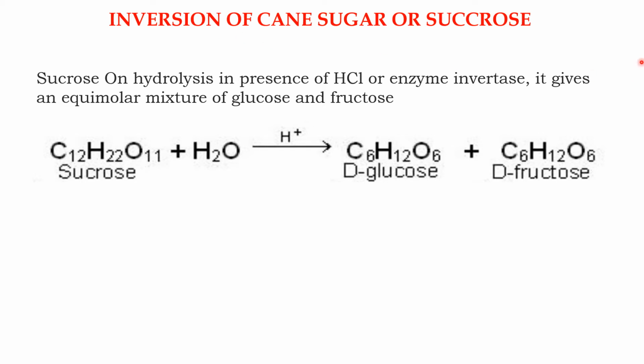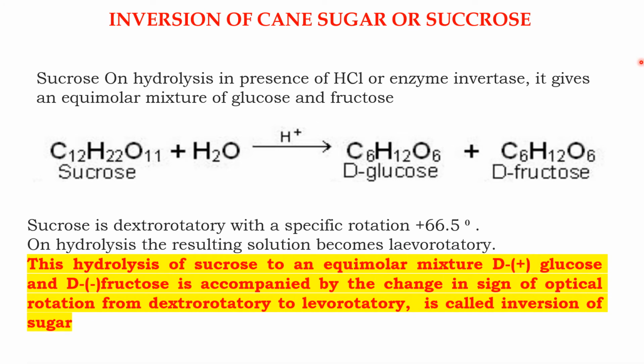Now we have to see an important phenomenon called inversion of cane sugar, or inversion of sucrose. As I told you, the sucrose molecule on hydrolysis in the presence of mineral acids will give you glucose and fructose. Sucrose is a disaccharide.